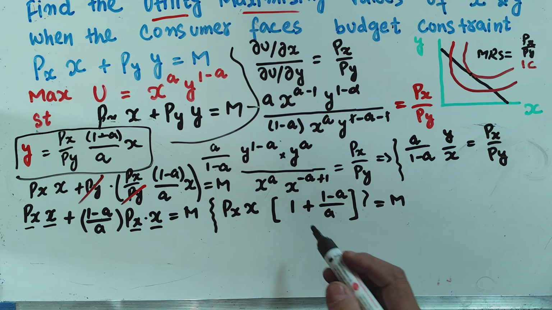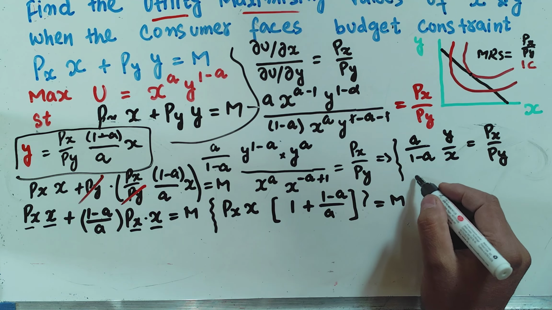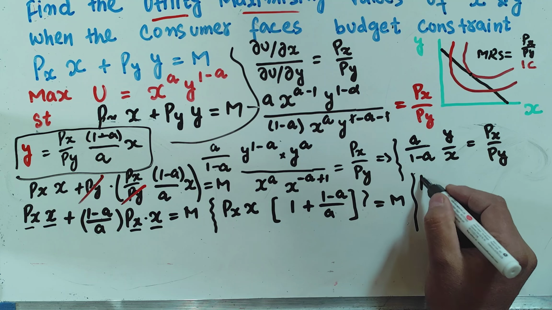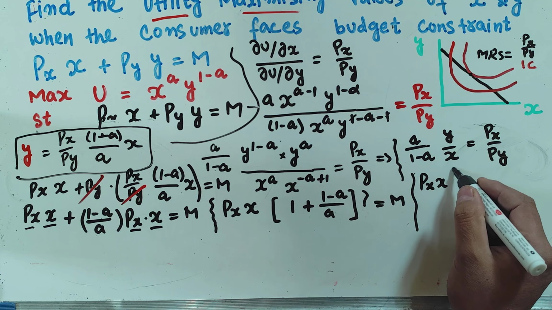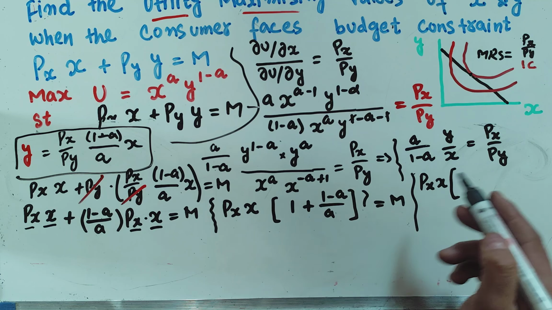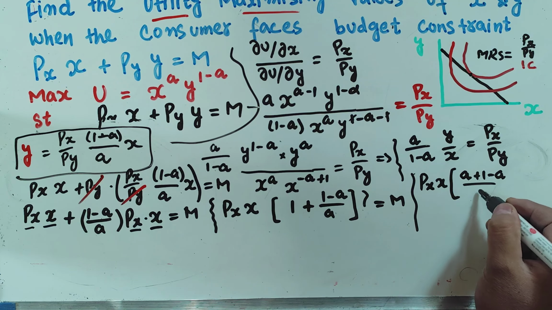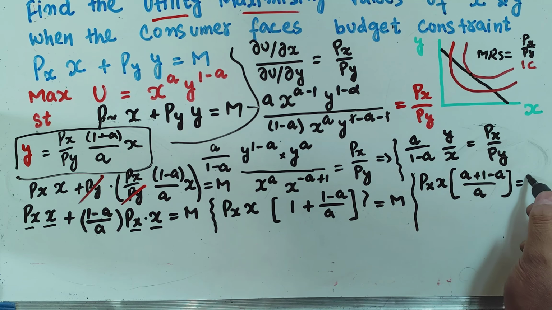Okay, so let us further solve it. Cross multiplying, we have p of x times x. Here we are left with a plus 1 minus a divided by a, should be equal to the income.